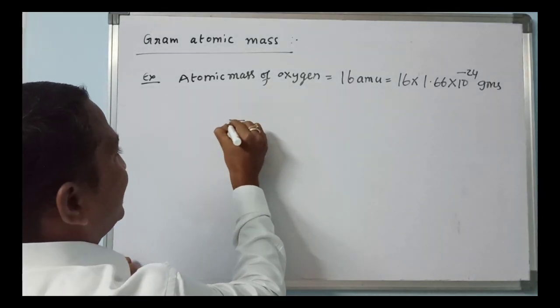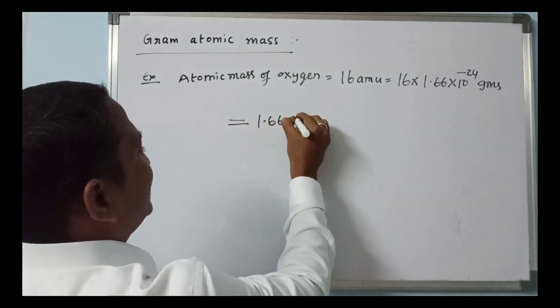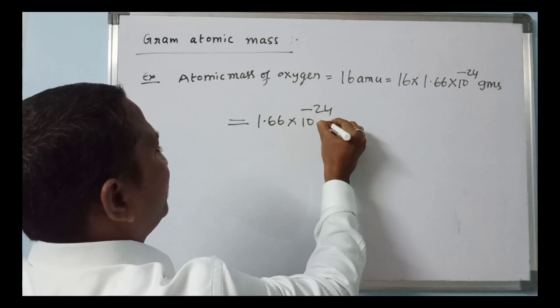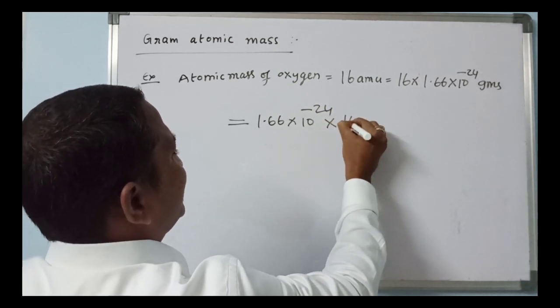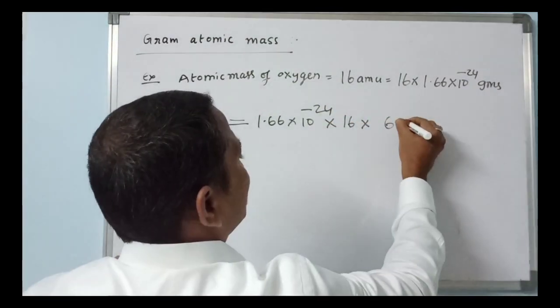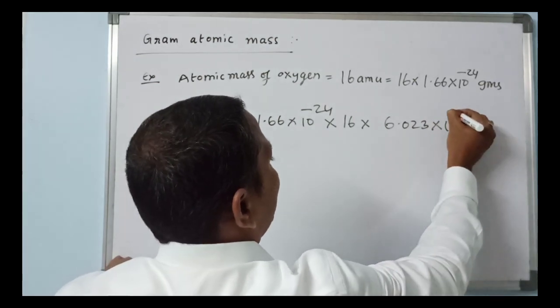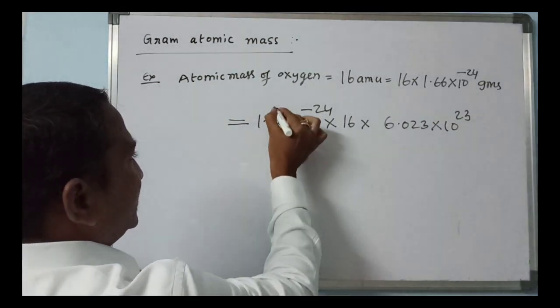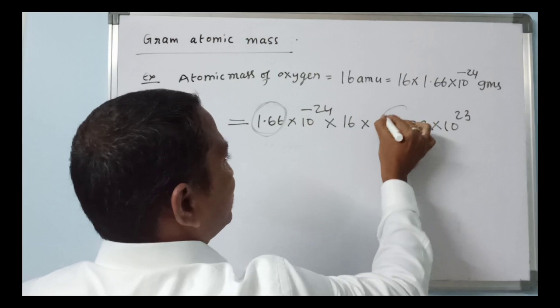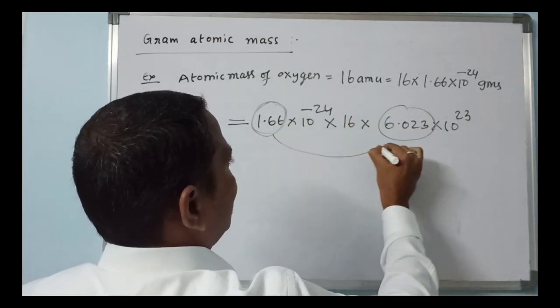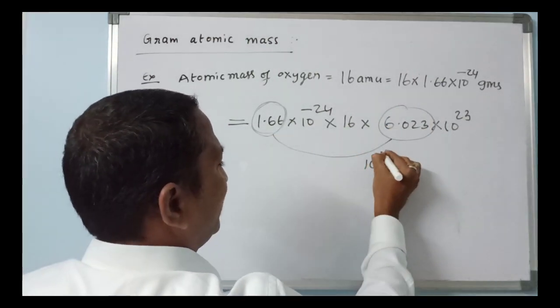That is equal to 1.66 into 10 power minus 24 into 16 into Avogadro number 6.023 into 10 power 23. This 1.66 into 6.023 multiplication value is 10 power 1.